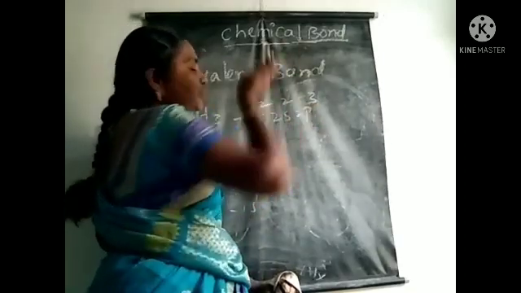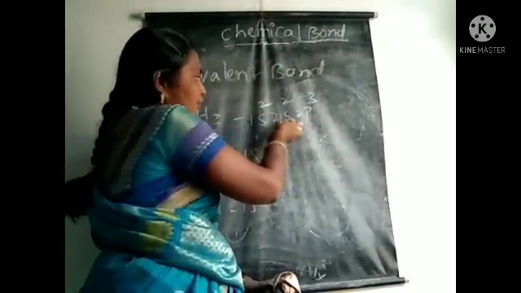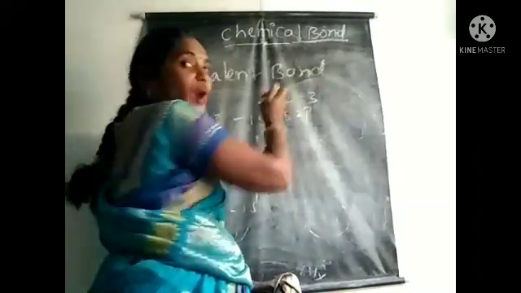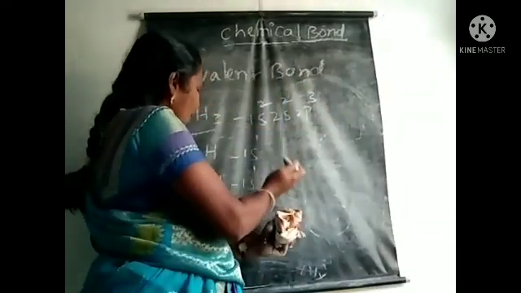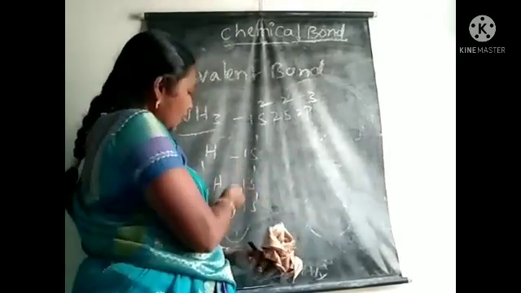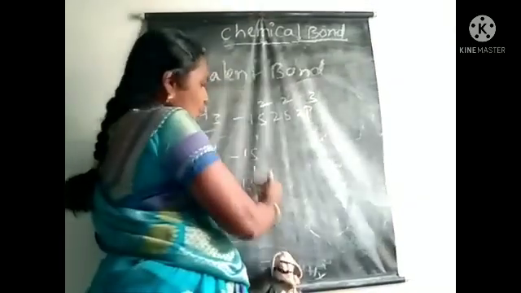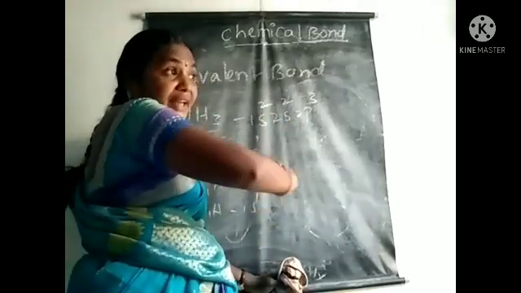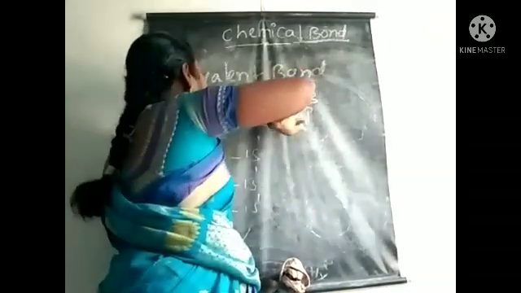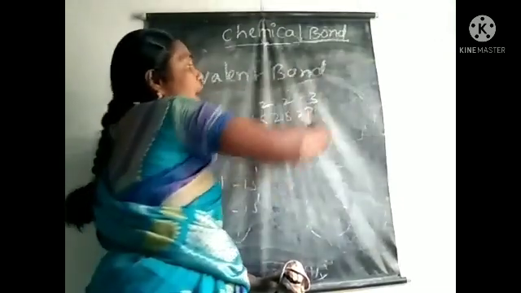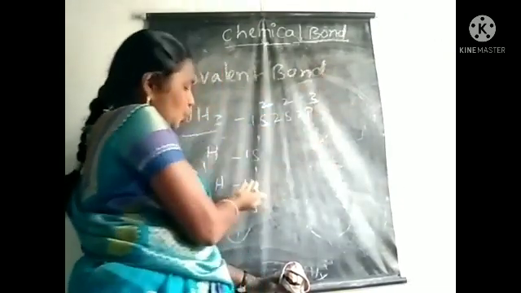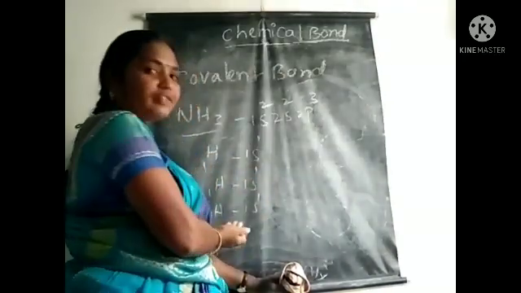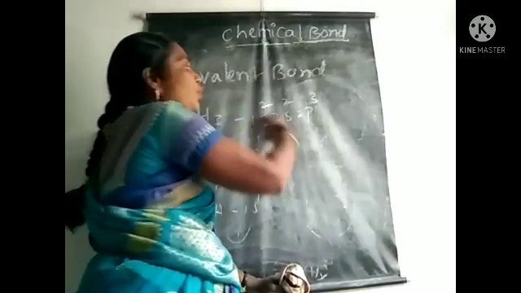Nitrogen requires 3 electrons. The hydrogen atoms are ready to give 3 electrons to nitrogen, 1 electron from each hydrogen.